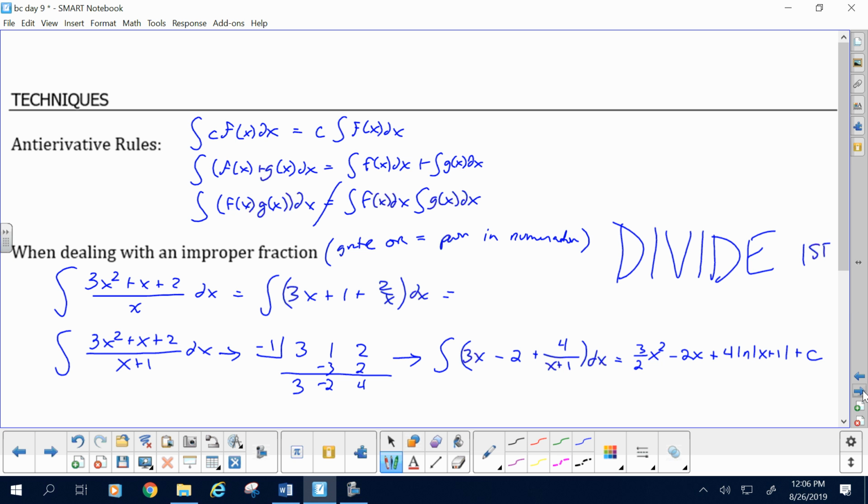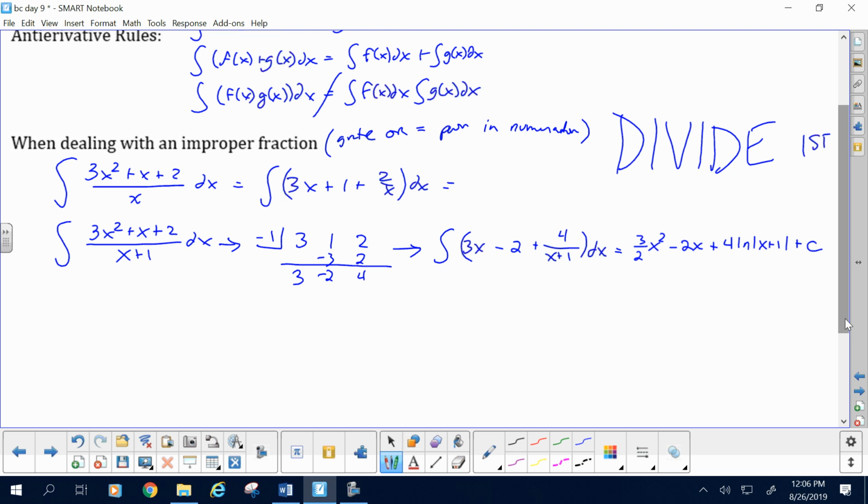All right? What if it is uglier? 3x squared plus x plus 2 divided by x squared plus 1. Yeah, it might be good. Okay? All right, we'll see how it goes. So, can you use synthetic division if it's a nonlinear divisor?